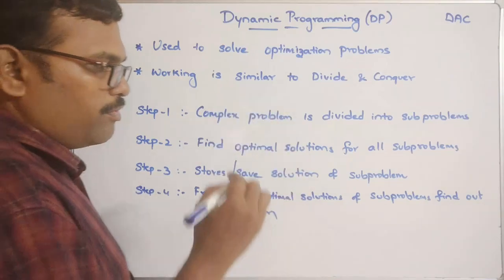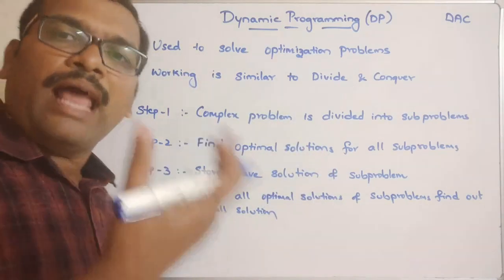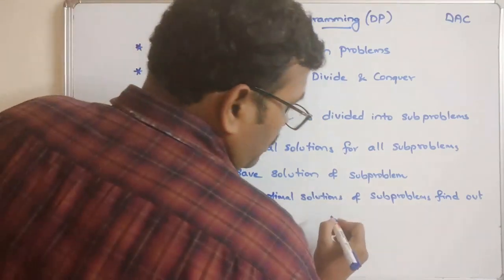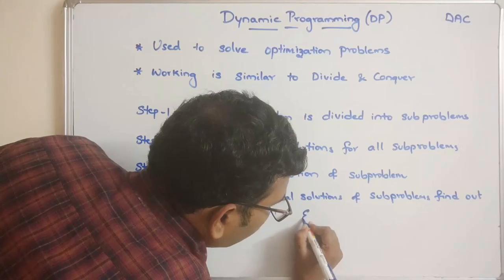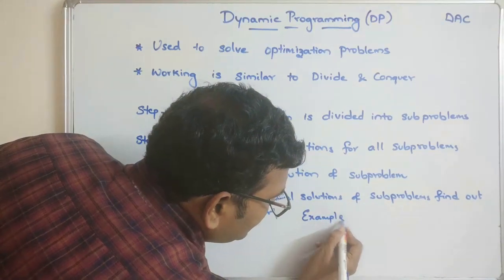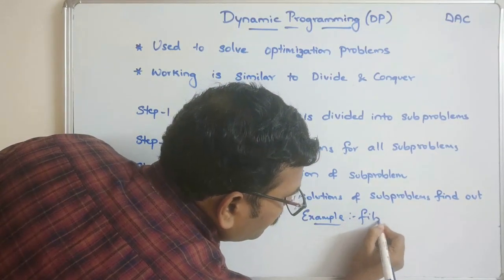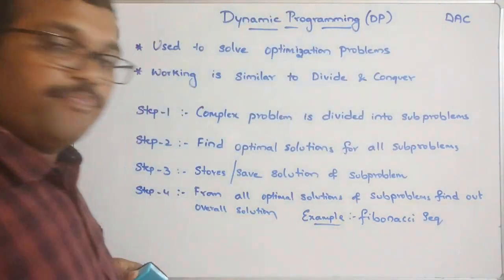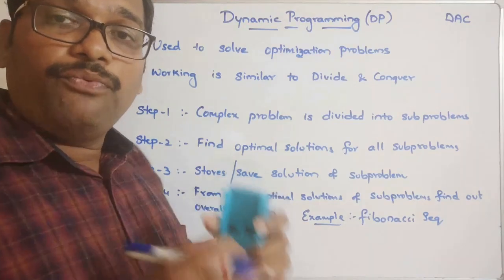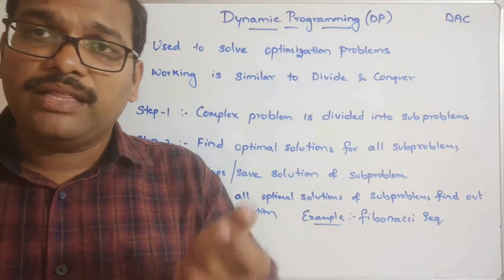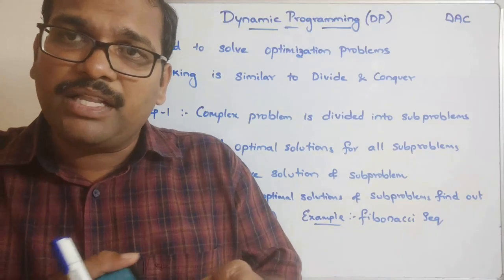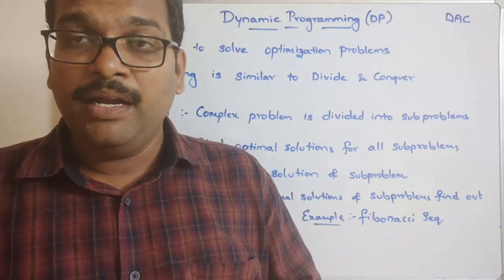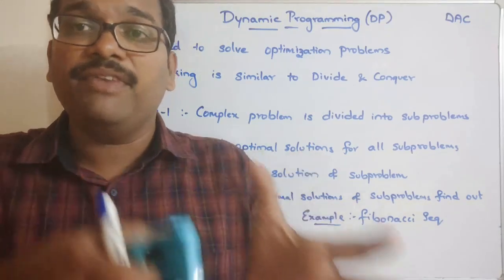Now I will give the example of overlapping sub-problems and non-overlapping sub-problems. Let us consider the Fibonacci sequence. We know that in the Fibonacci sequence, each element is the addition of the previous two elements.